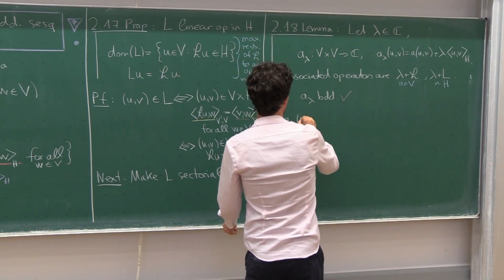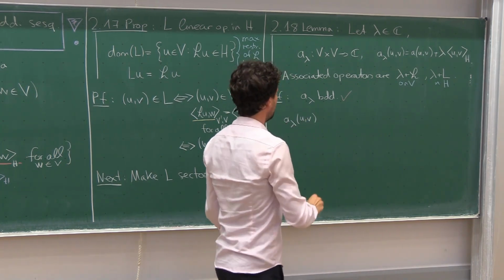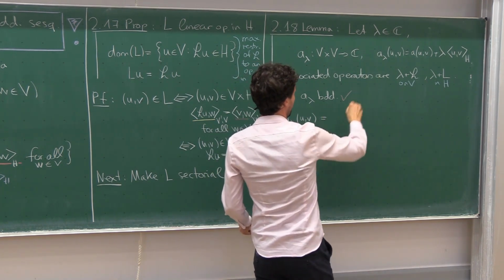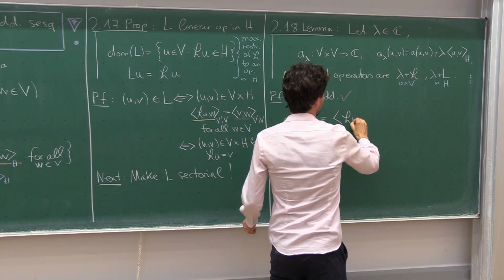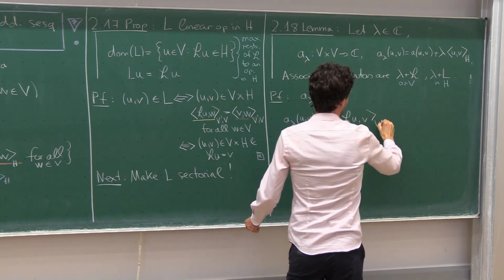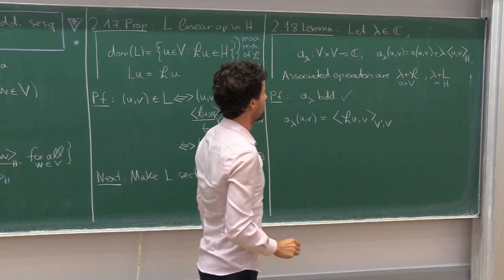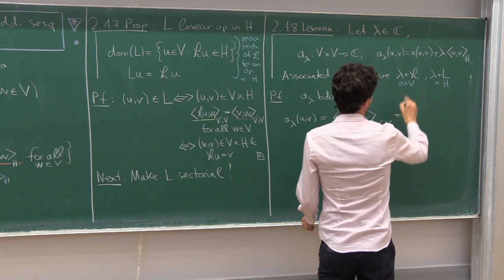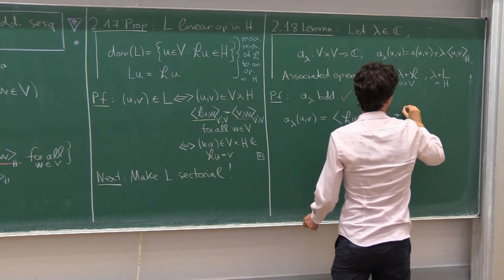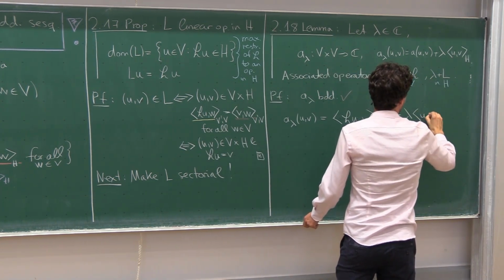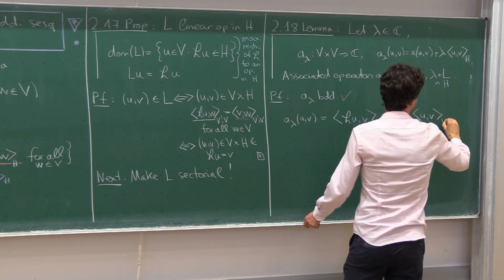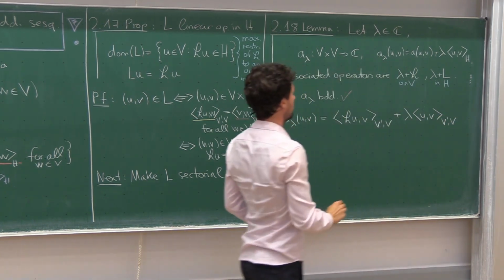So A lambda of U V, if I use the definition of the curly operator, then this is this. And as before, for the H inner product, I use the definition of the embedding of H into V prime.